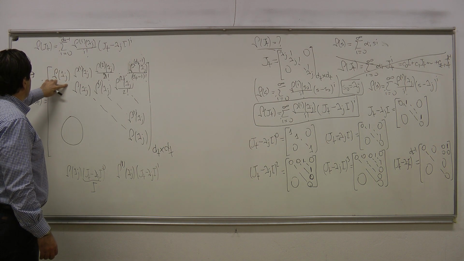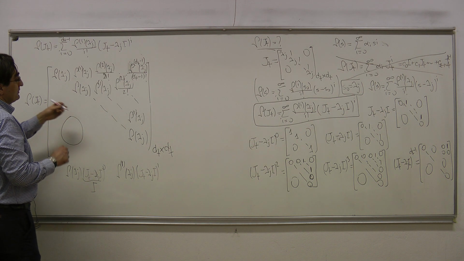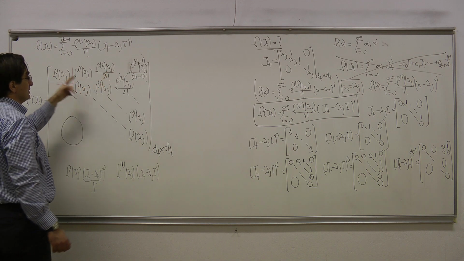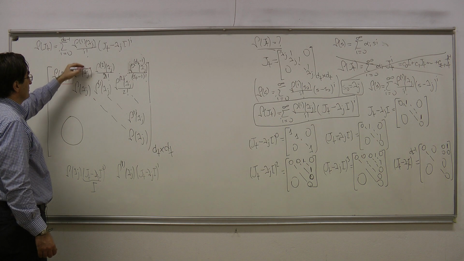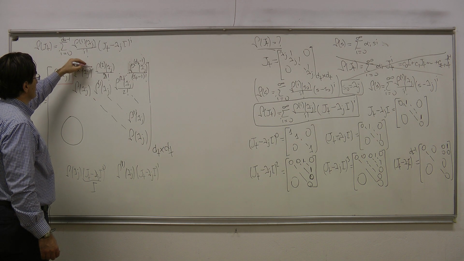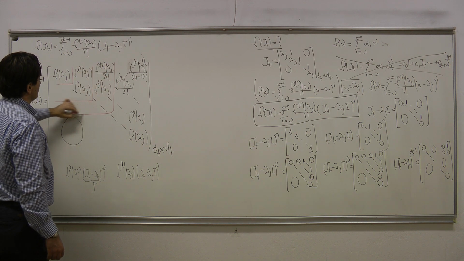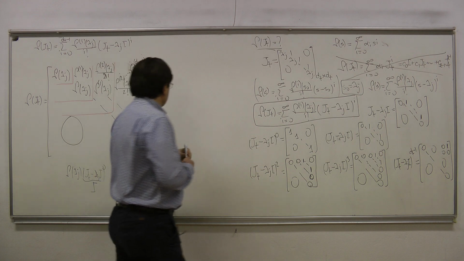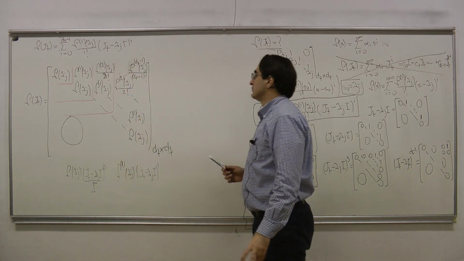Let me draw this a little bit like this. If dt is 1, I will take only these parts. So if I have a 1 by 1 block, then I would use only this 1 by 1 part of this matrix. If dt is 2, then I would use these parts. If dt is 3, then I would use this 3 by 3 part of this result. Okay? And if dt is arbitrary, then I know what the overall matrix should be.